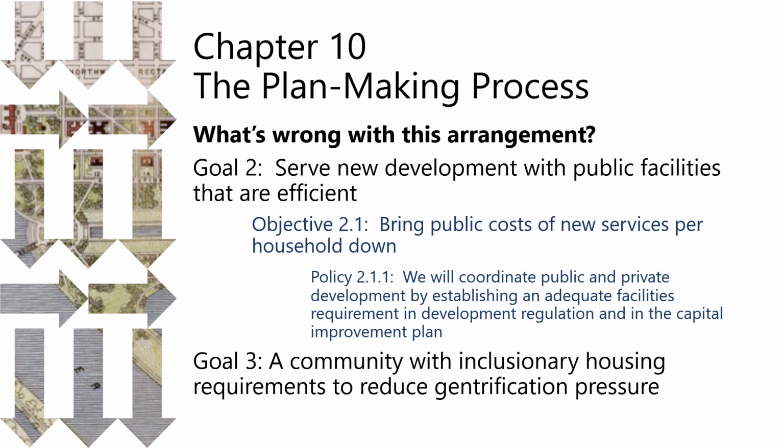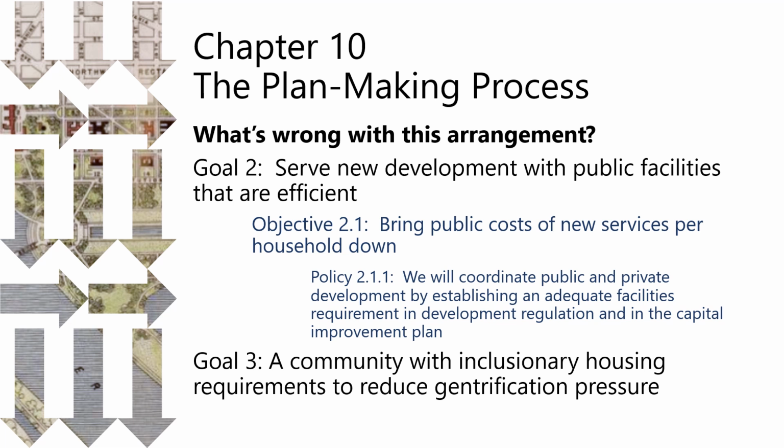Objective 2.1 says bring the cost of new services per household down. Policy 2.1.1 says we will coordinate public and private development by establishing an adequate facilities requirement and development regulations and in the capital improvement plan. And then goal 3 says a community with inclusionary housing requirements to reduce gentrification pressure. So what's not right in goal number 2?